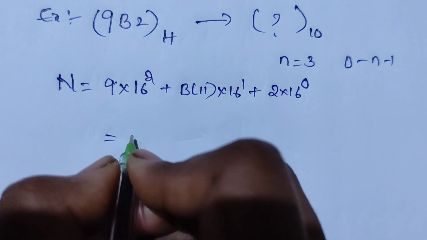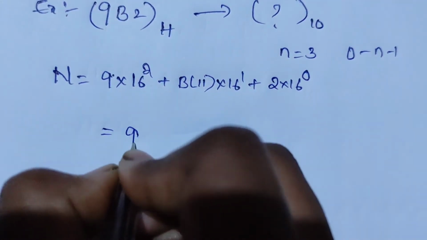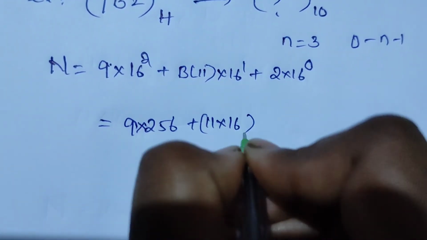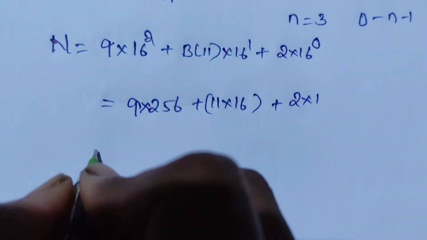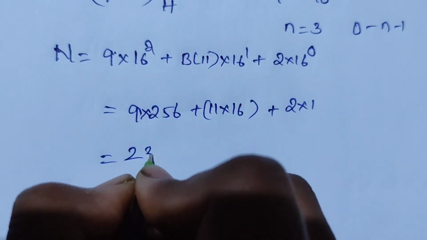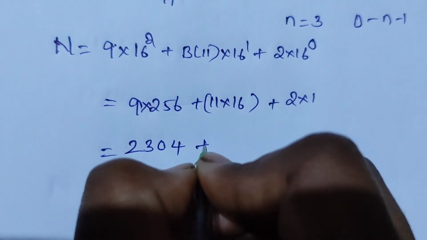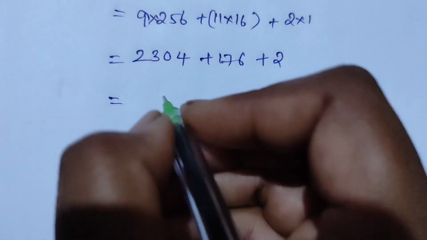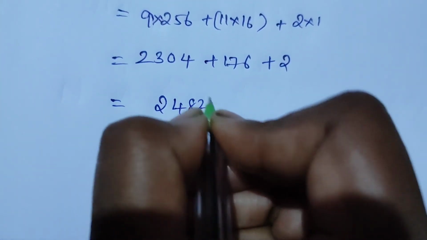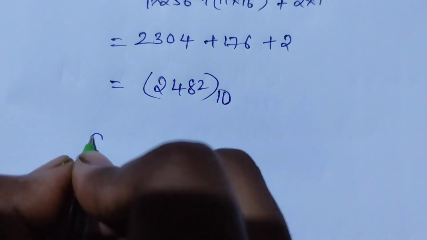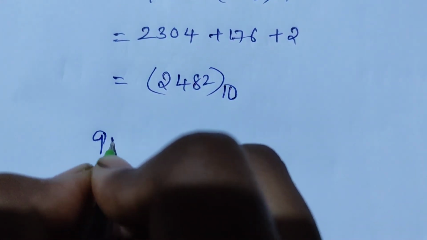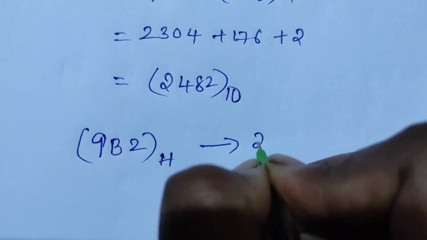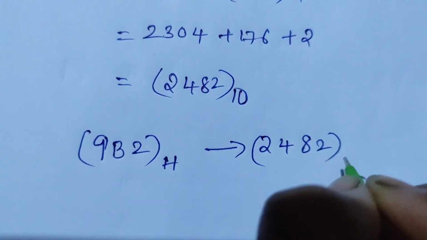So on expanding this, 9 into 256 plus 11 into 16 plus 2 into 1. Adding all those, we get the decimal equivalent of the hexadecimal value 9B2. In this way, we can convert any radix to a decimal equivalent. Hope you understood.